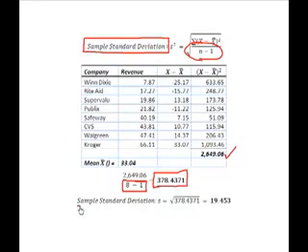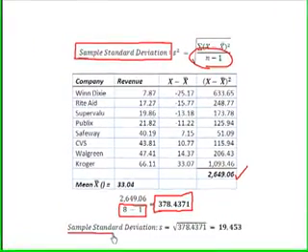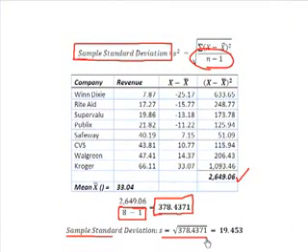The relationship between the sample standard deviation and the sample variance is exactly the same. Sample standard deviation is simply the square root of the variance. So I take, oh my God, this is the variance.